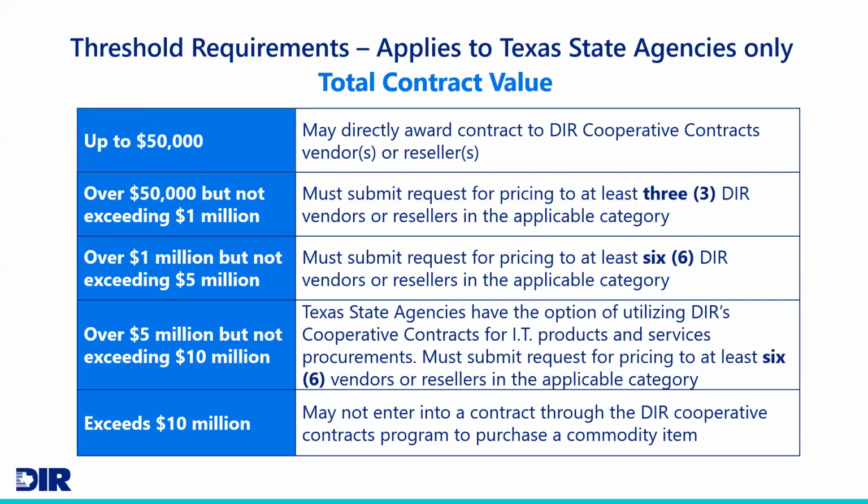And then again, if your total contract value does exceed $10 million in value, then state agencies cannot utilize DIR's cooperative contracts. You would need to do that procurement then through the open bid process.